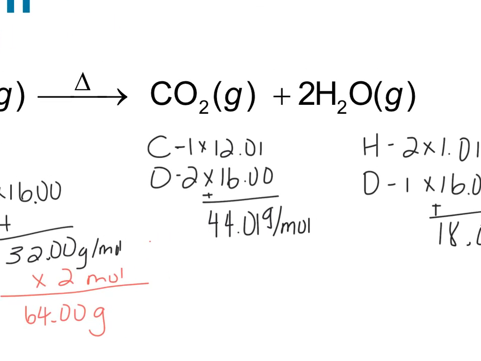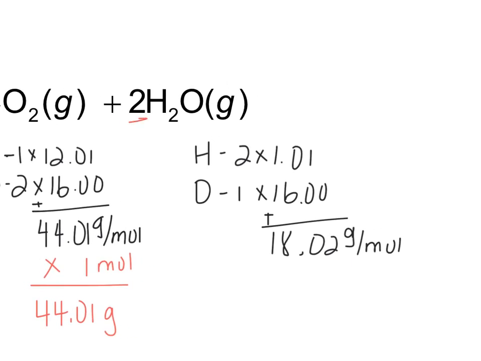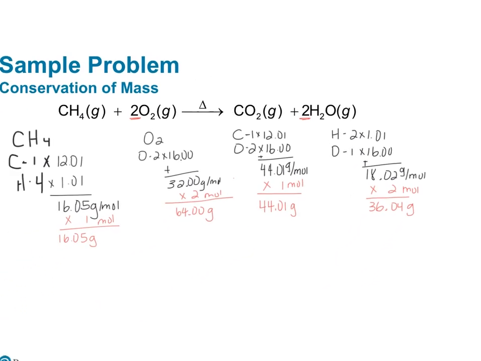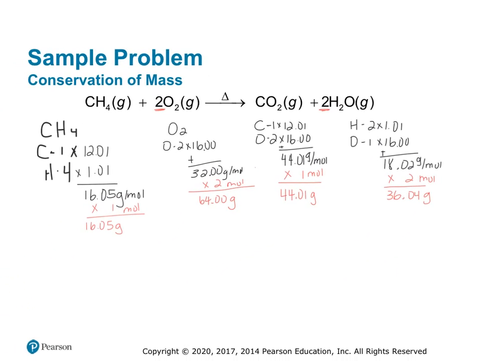For carbon dioxide, that's only 1 mole because the coefficient is 1, so that's 44.01 grams. And for water, because its coefficient is 2, I have to multiply it by 2 moles, and that comes up to be 36.04 grams. So there are the masses of all my reactants and all my products.